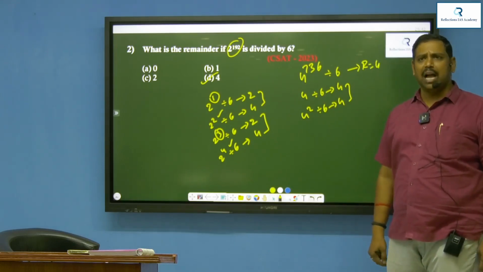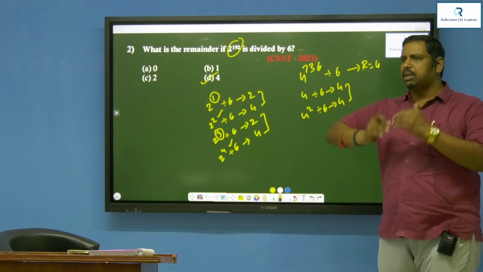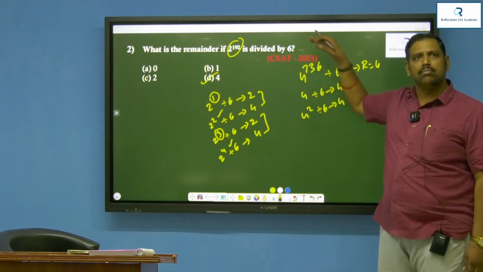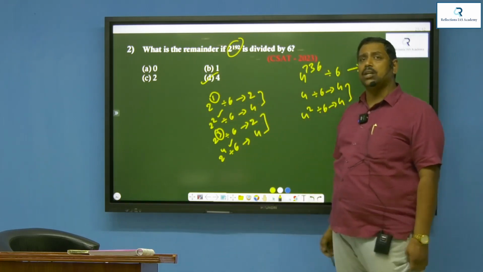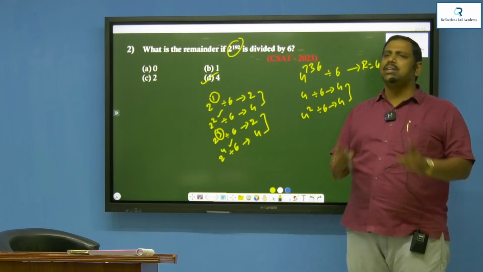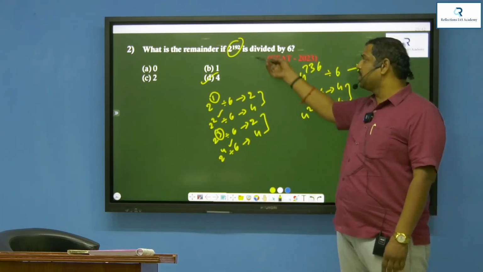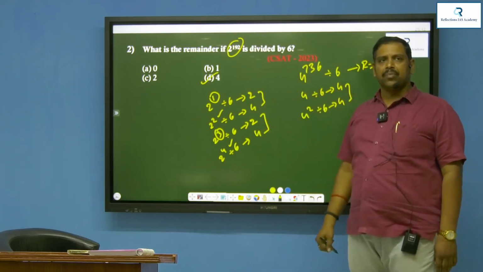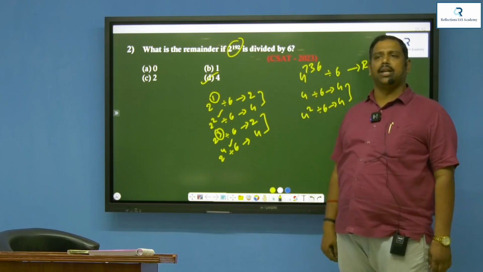Got it? Will it happen for every number or only sometimes? Sometimes. You have to identify it like this. Is it clear? When I said go with the powers, I gave you 2 points. Number 1, the ultimate target is getting 1 or minus 1. Yes or no? If you don't attain that, get a remainder less than the previous remainder. If you don't get even that, at least the previous remainder you have to get again.